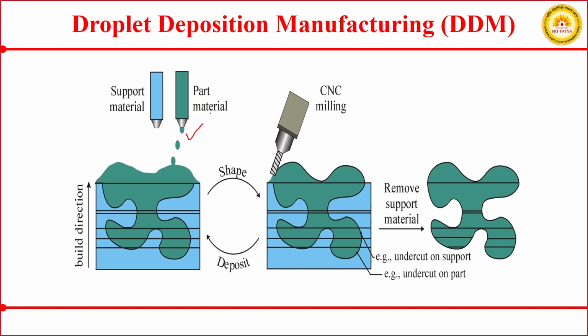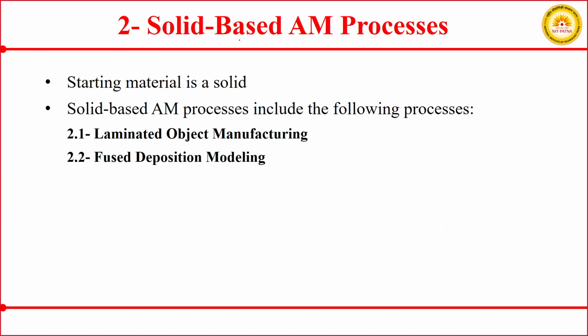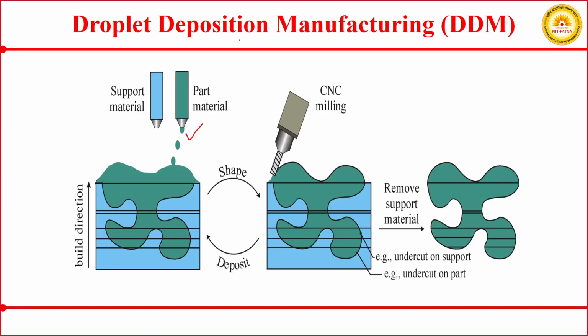You get your final product depending upon the amount of material deposited on each layer. Again, the material is in the form of liquid. So this is about three kinds of processes in liquid based additive manufacturing processes.